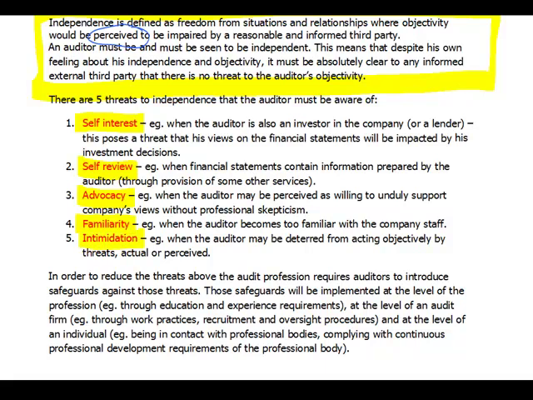The last one is intimidation. Now that happens actually quite a lot. This is where the client puts pressure on an auditor by threatening the auditor in a direct or indirect way.